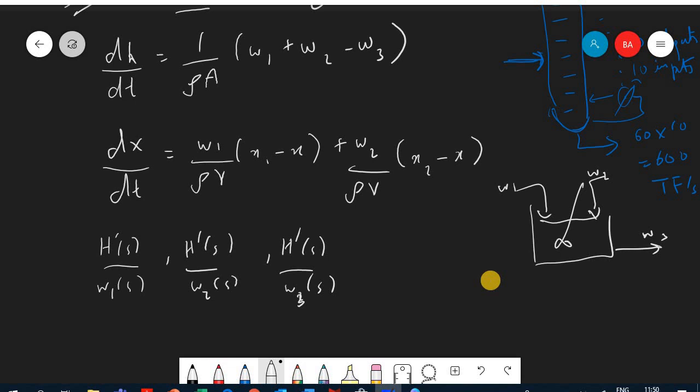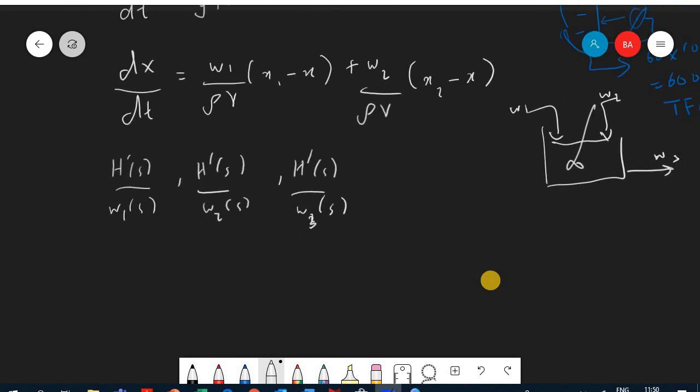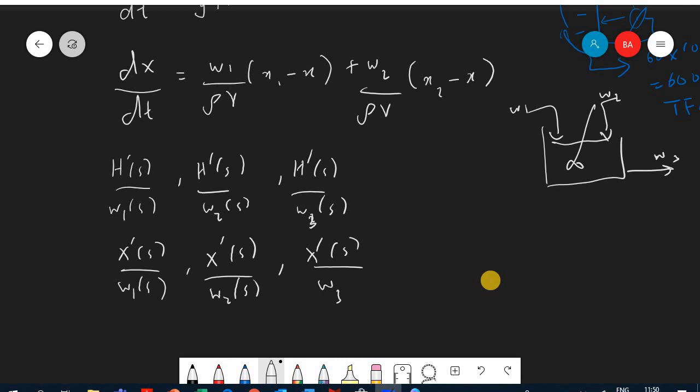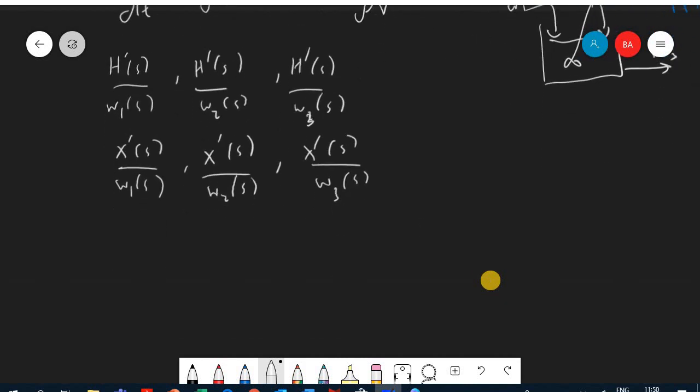I also can find how the composition is changing if W1 is changing, and X if W2 is changing. Imagine how many transfer functions I have here. And that's not all, right? I still can go on and put all the transfer functions that I could have here.